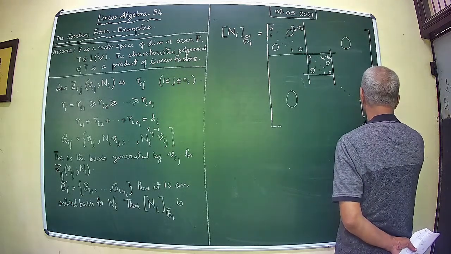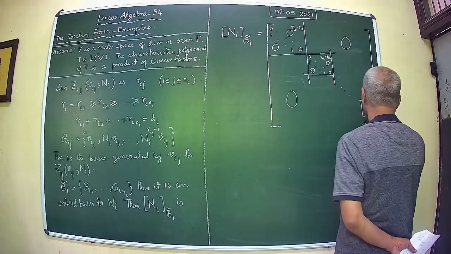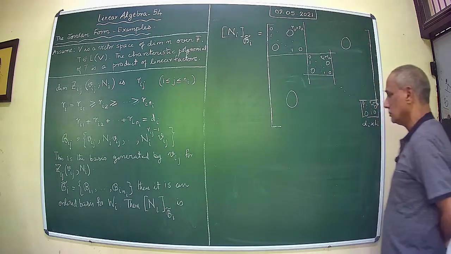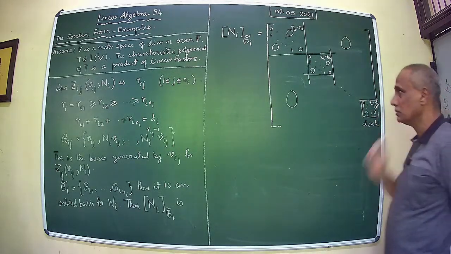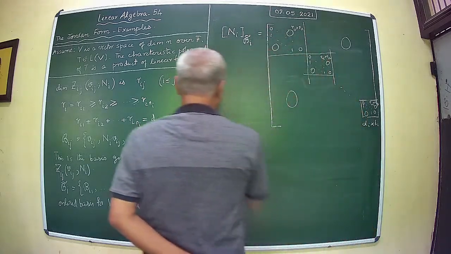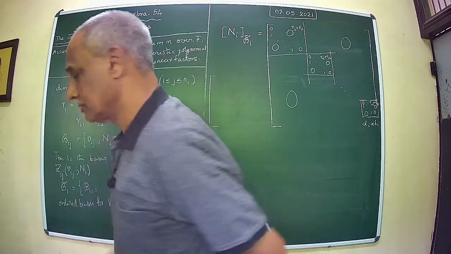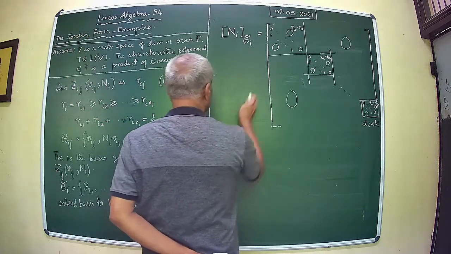It is 0 here. Each one of these is of the following type. I'll magnify it and put it here for your reference.